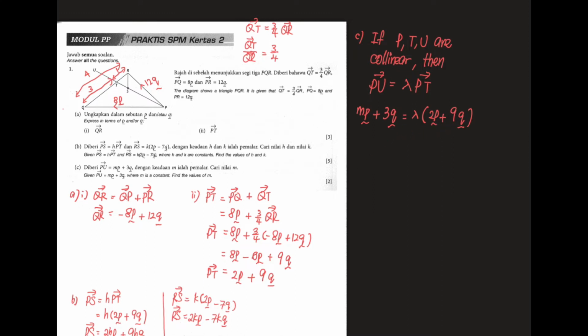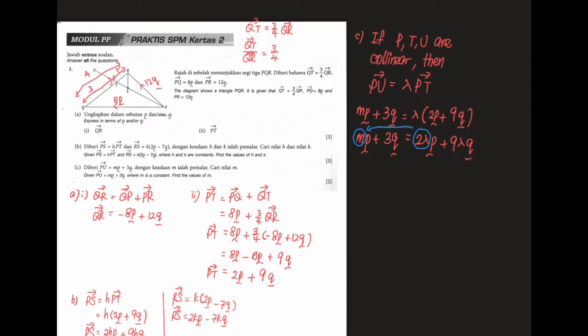Okay, now we just need to compare. So I expand right hand side first. 2 lambda P, 9 lambda Q, MP, 3Q. So after that, I can do something like just now, which is comparing the coefficient. M equal to 2 lambda.